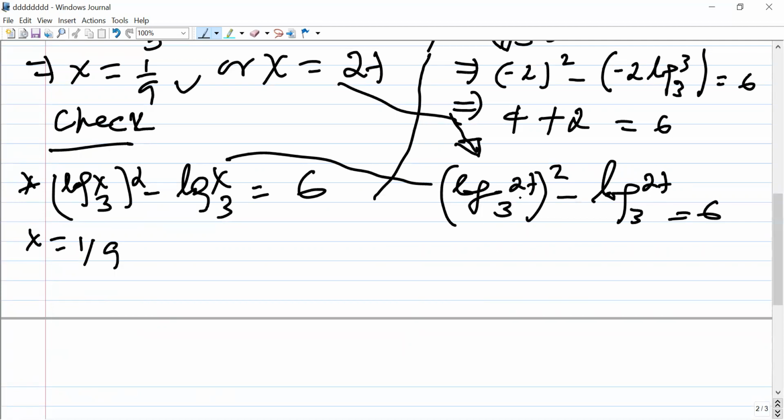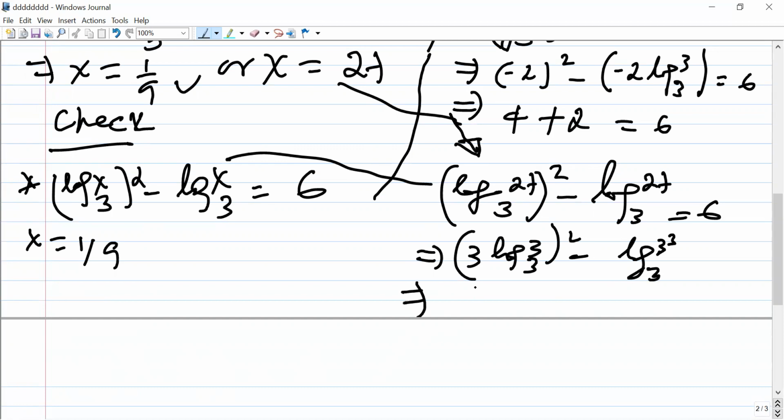We know that 27 is 3 to the power of 3, so log of 3 to the power of 3 to the base 3 can be written as 3 times log 3 to the base 3.